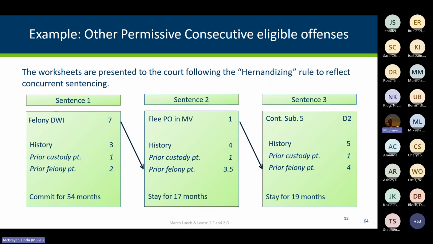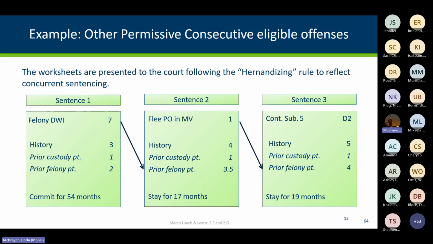Fleeing a peace officer is one of the offenses that the court can execute the sentence on without departure for consecutive sentencing. And the reason is because at a severity level 1, it takes a significant criminal history, 6 or more, to get to the commit part.